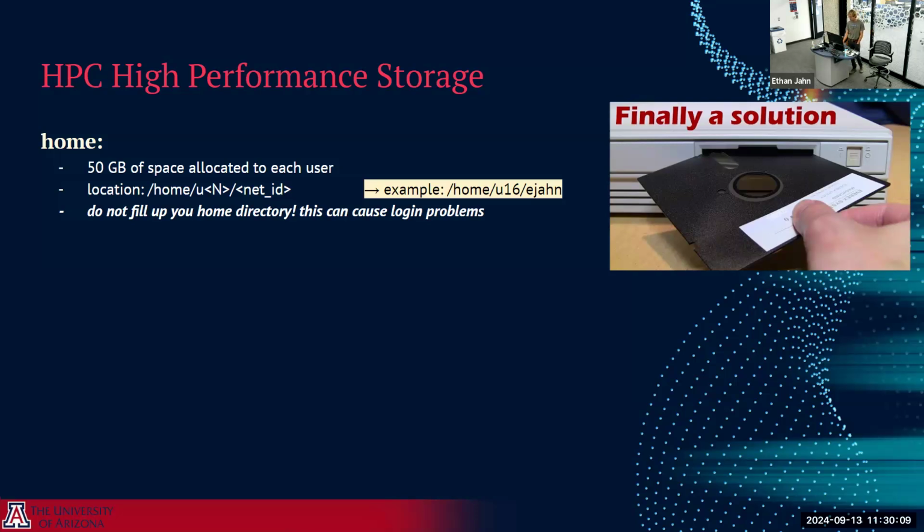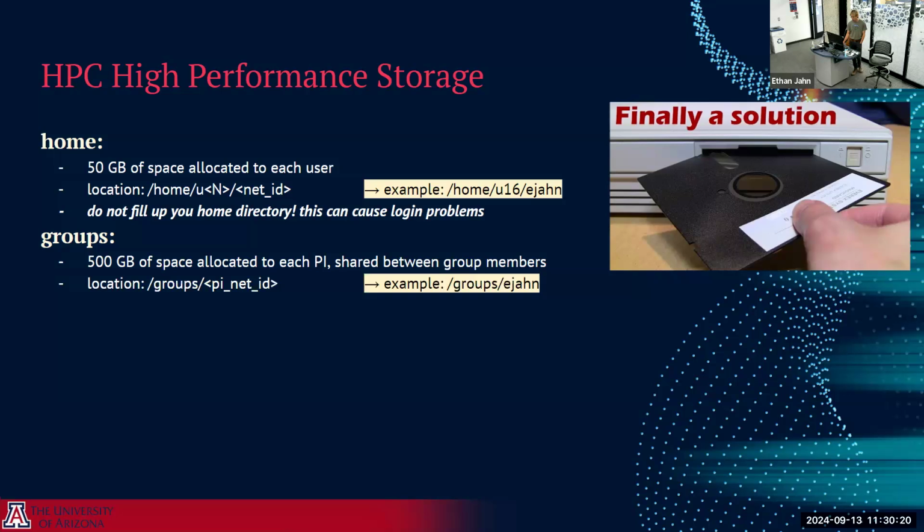So the groups directory as well, that's 500 gigabytes of space allocated to each PI and shared between group members. The location would be /groups/ whatever the PI NetID is. Typically, it is entirely up to the PI how to use it, but typically each member of that group would have a folder that comes after that.